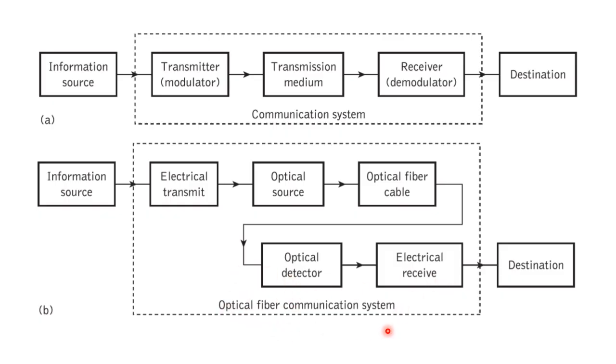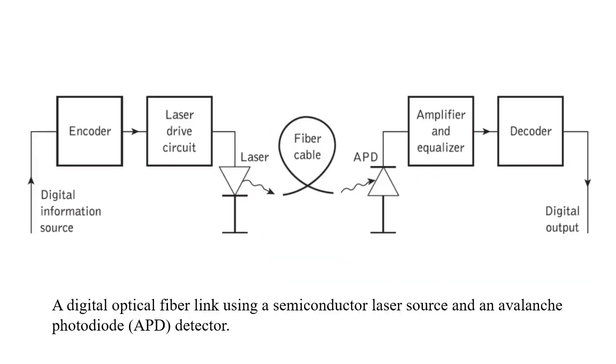optical fiber communication system. Now if we consider the digital optical fiber link using the semiconductor laser source, we have to change the system a little bit. So we have the digital information source, and since that information is in digital domain, we can have different types of encoder.